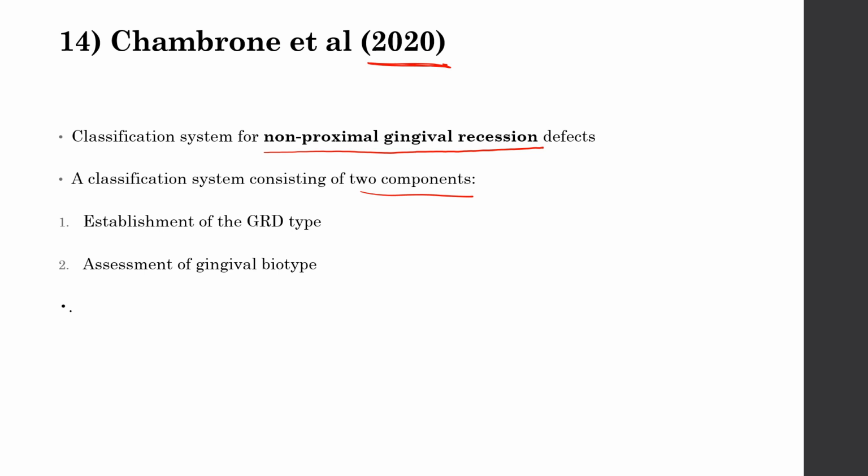First is establishment of the gingival recession defect type and the assessment of the gingival biotype. So till date we have got a lot of evidence that gingival biotype is one of the major factors for the cause of gingival recession. So gingival biotype is also considered in this classification.